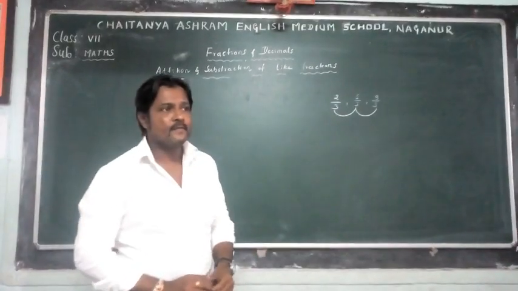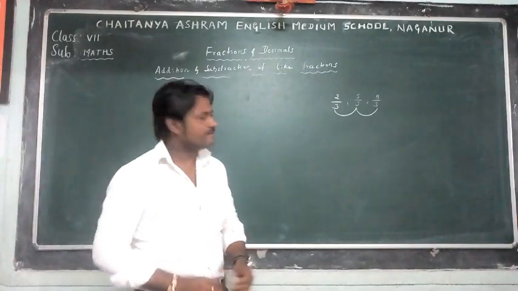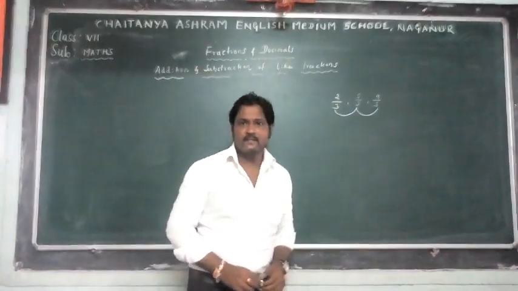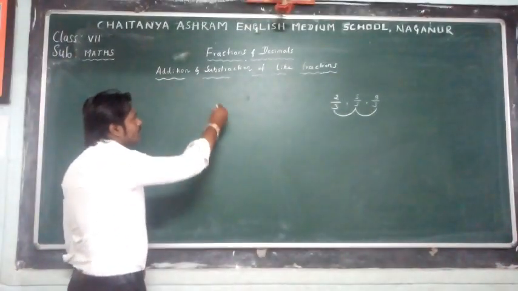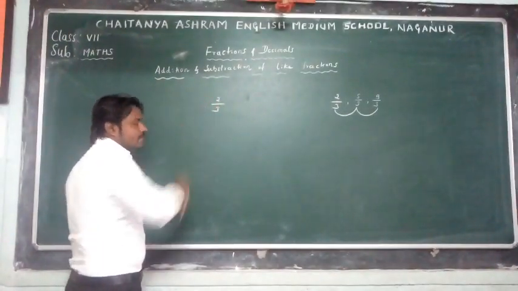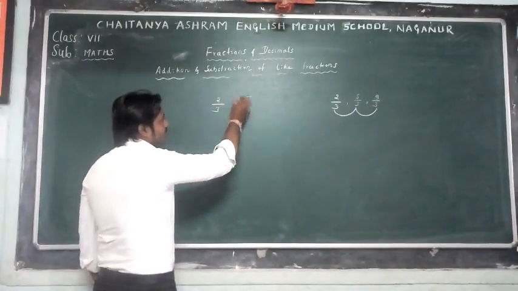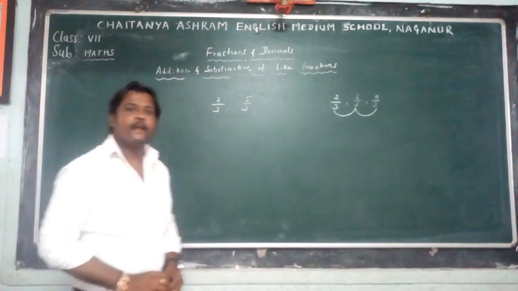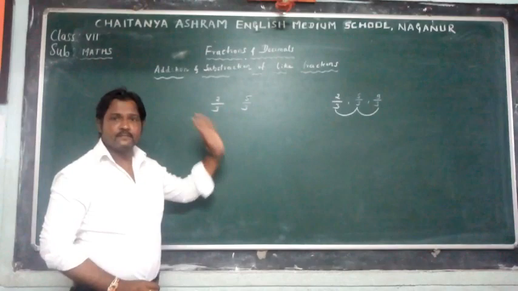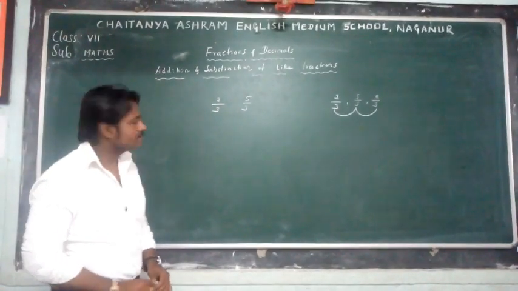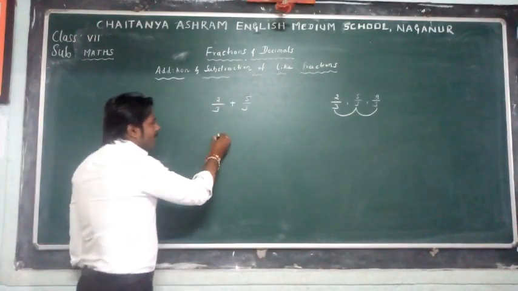Dear children, it is very easy to add or subtract like fractions. For example, observe 2 by 3, 5 by 3. Both are like fractions. To add these two like fractions, make a fraction.